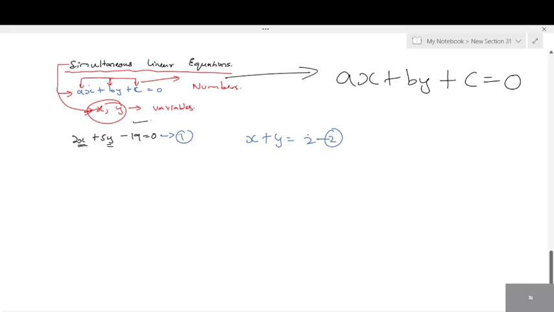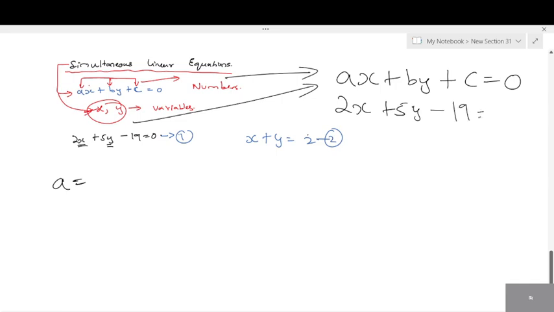See, is this first equation given in order? We have a, b and c. From the first equation, can you compare and tell me, students, what's the value of a? Just compare. Look here, I'll write the equation: 2x plus 5y minus 19 is equals to 0. First, you all should understand this concept.